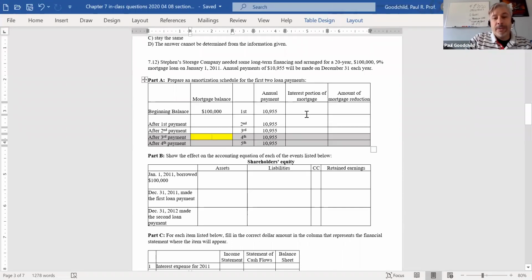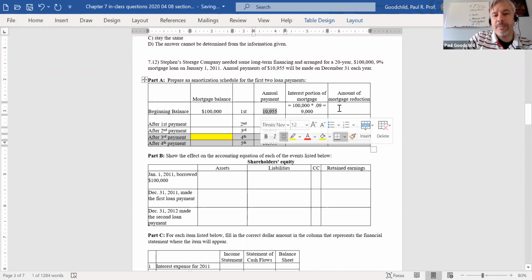All right, so the interest portion. This is a loan at 9% interest. So in order to calculate that here, that's 100,000 times 0.09, which equals 9,000. So in this case, your annual payments are stretched out over 20 years, and you can see that there's not very much of that going towards the principal.